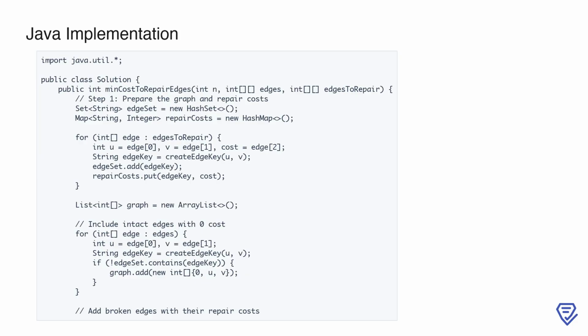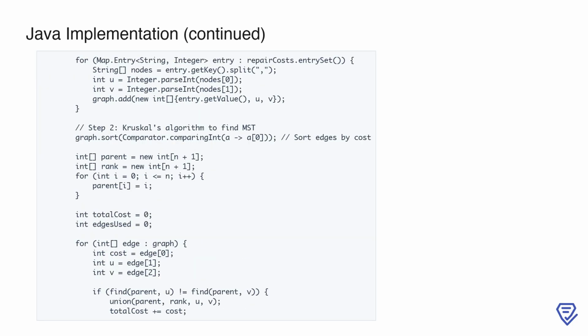Next, we initialize a list called graph to hold all the edges. We start by adding intact edges, which do not require repair, with a cost of 0. For each edge in the original edges array, we check if it exists in the edge set. If it doesn't, we add it to the graph as a cost-free edge. After adding the intact edges, we proceed to incorporate the broken edges.